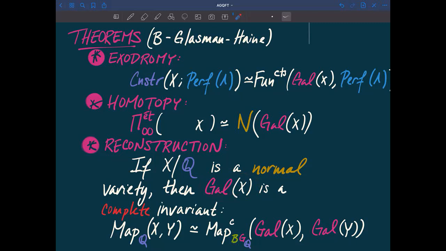And I don't know how to do that. I don't know how to characterize the things that are proper from just this category. And this is a little bit like what you're asking, right? When you think about the boundary, you think about what you would add in a compactification or something. And I don't know how to characterize that in a category theoretic way.